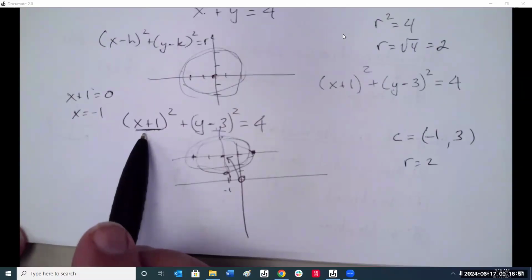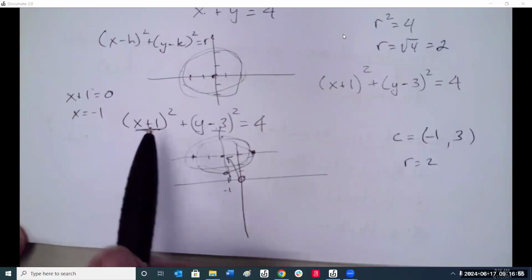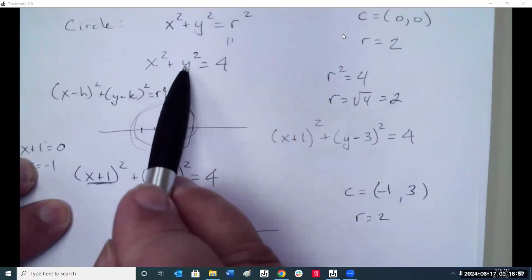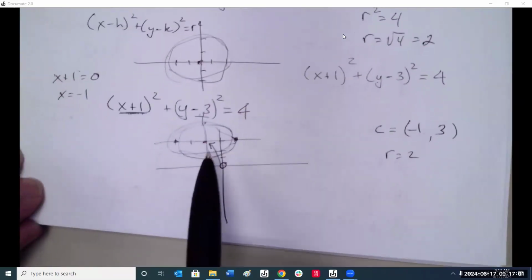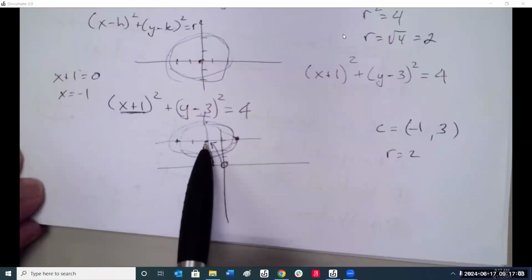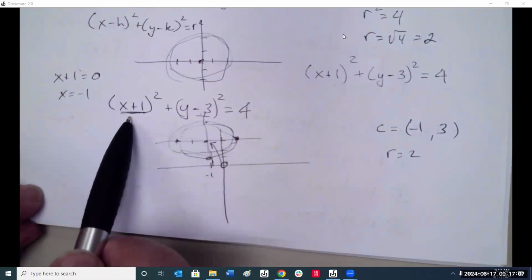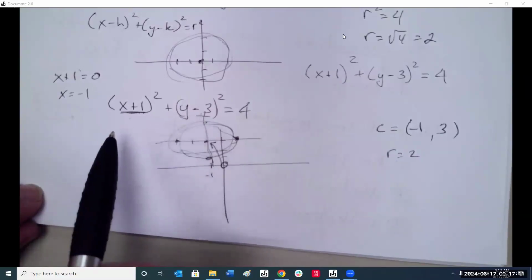Originally it was x squared plus y squared equals 4. The graph was here. Now, how did we shift to this new location? So where did this one shift it to? Because both of these contributed.